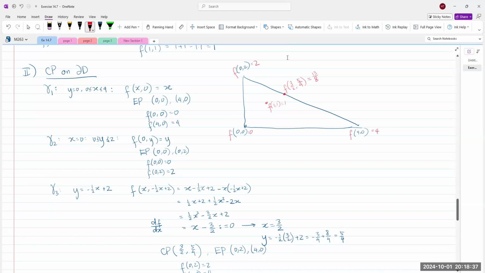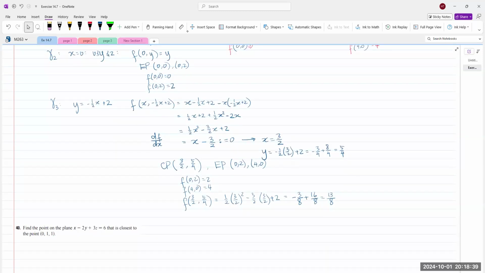So after we compare the values at each corner, at critical points in the interior and on the boundaries, we conclude: absolute maximum is 4 at 4, 0.